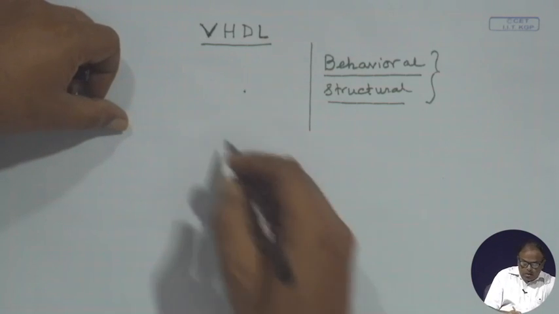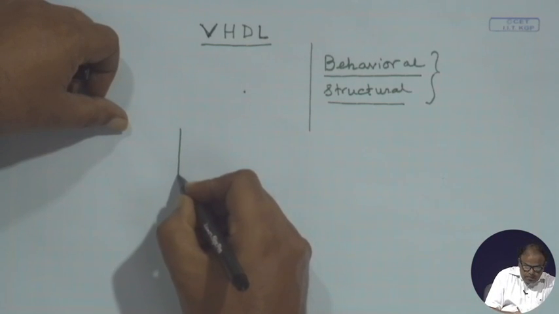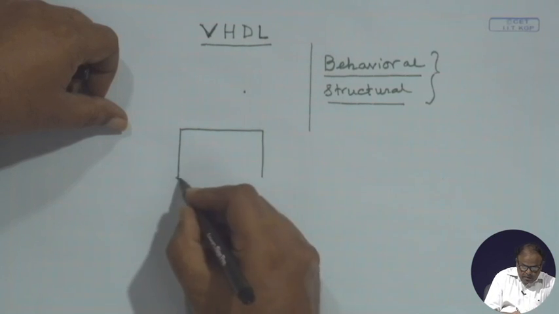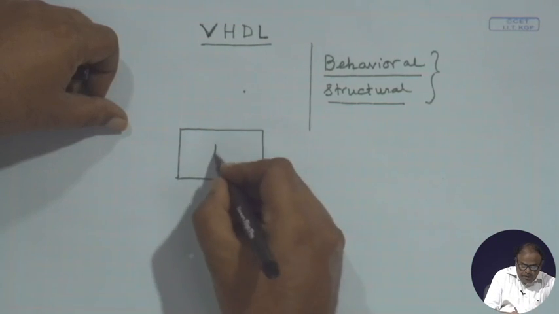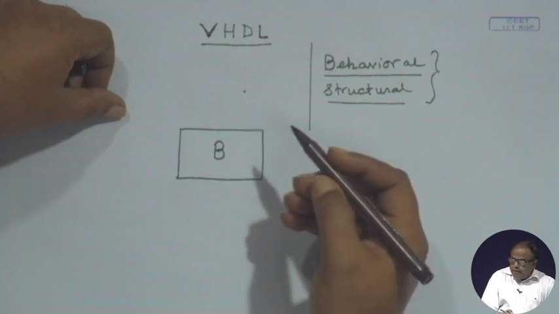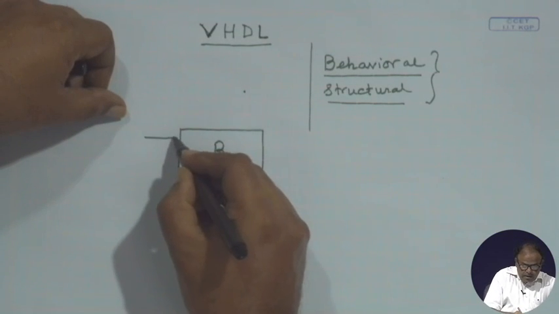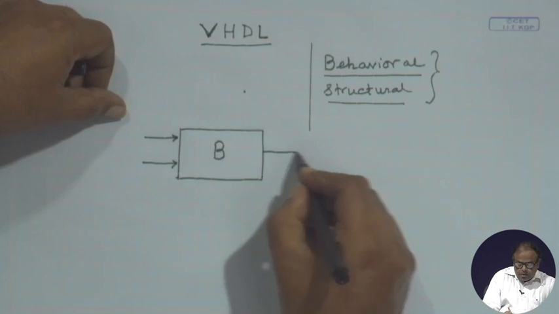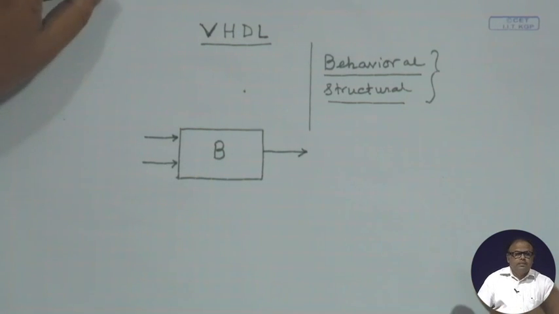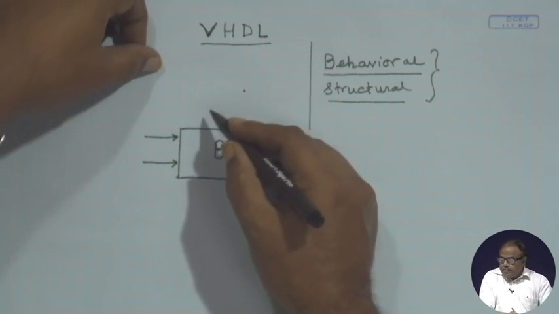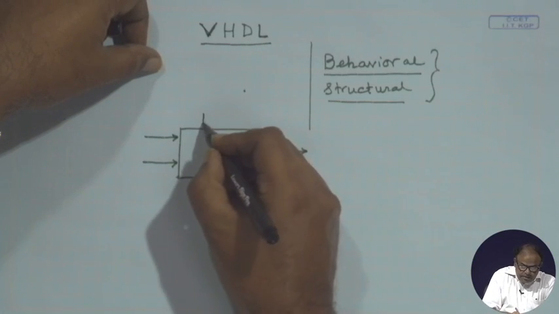Say, I have got some entity, whatever that is, some behavior B, which will have, say, some inputs and some output. So, this is an entity. We describe that as an entity.